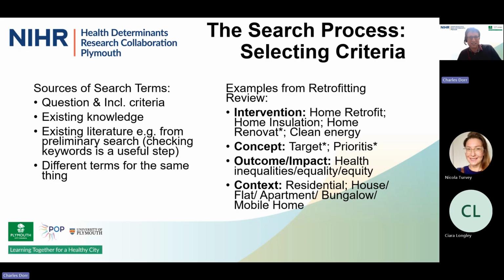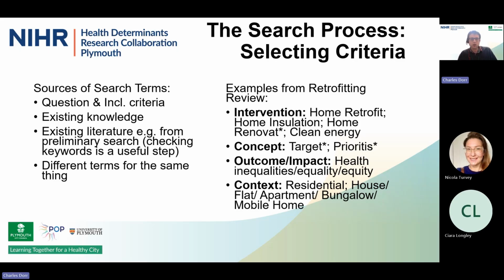I should say the little asterisk is used in some databases. It basically means you don't need to worry about whether someone put targeting or targeted or target or prioritizing, prioritized or priority. The asterisk will help pick up those other terms.